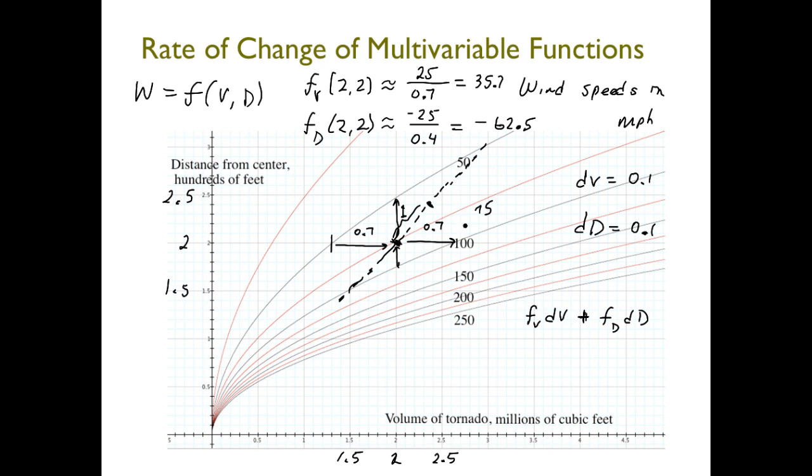Does that make sense? So really we want, check this out, I can write this as a dot product of a vector with the partial derivatives and a vector with the differentials.